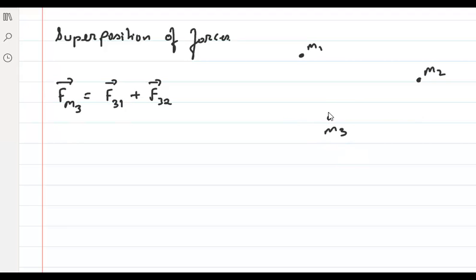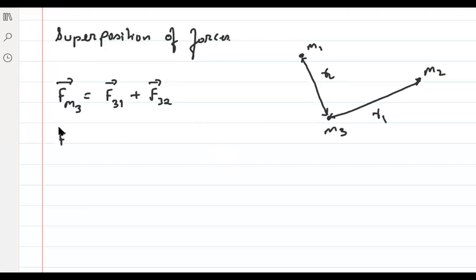Now suppose I want to write the formula, because the expression is easy, but what if you have to write the formula? Suppose this distance is r1 and this distance is r2. Now tell me, what would be the expression?